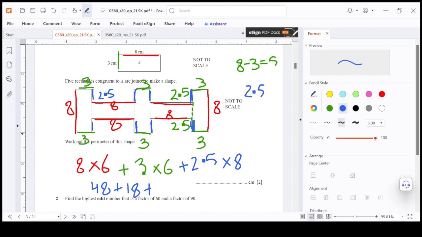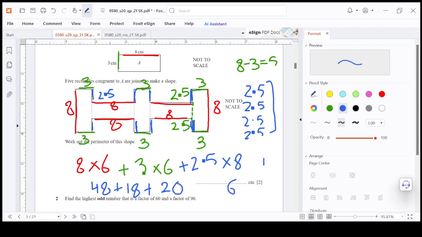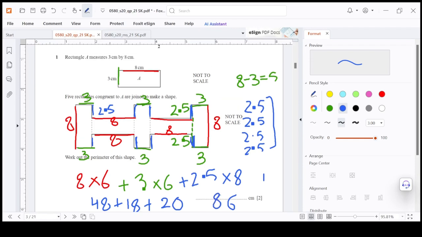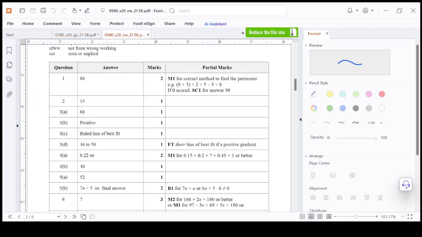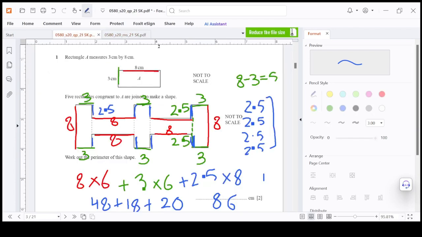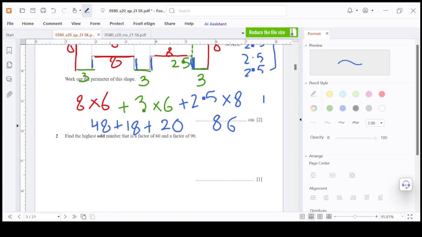So I know 4 2.5s make 10, so 8 2.5s would make a 20. Summing this, getting 86. Let's check the answer. 86 is correct. Okay, moving on.